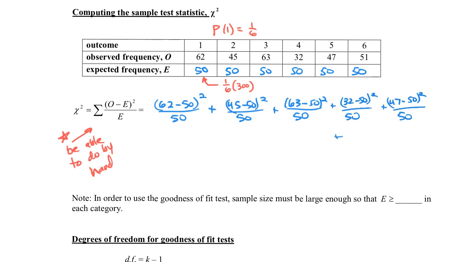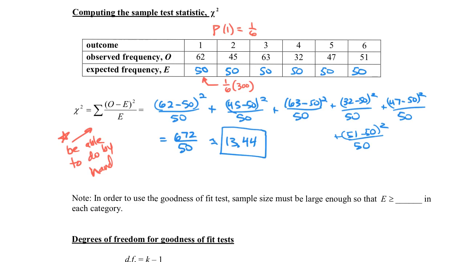And then finally plus 51 minus 50 squared over 50. And this one's actually kind of easy to add up because of the common denominator. But if you add all these up, you will get 672 over 50, or about 13.44.